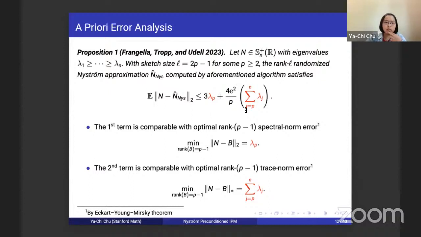And the next question is, this result only shows you on average, but is that a typical result you will get in practice? In practice, we only did one time, right? So we didn't really take an average, but is this a typical behavior of the Nystrom approximation? The answer is yes.